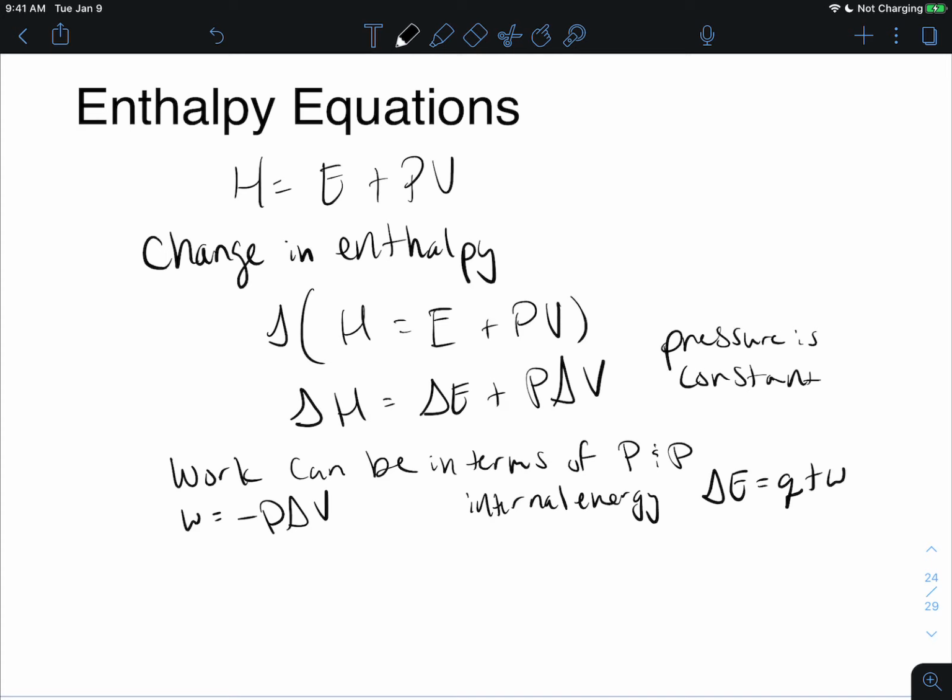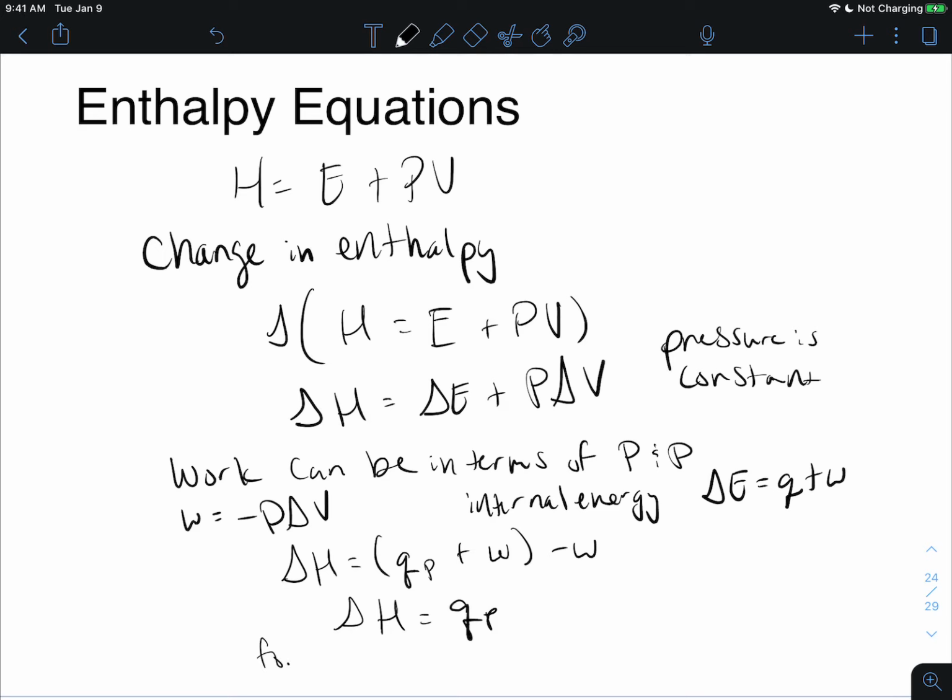So when we put all of this into our enthalpy equation, we get delta H is equal to Q at a constant pressure plus work minus work. So we'd say that our delta H is equal to our heat if we have a process that has a constant pressure.